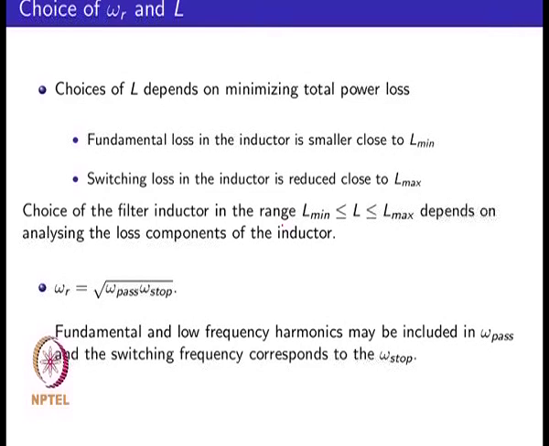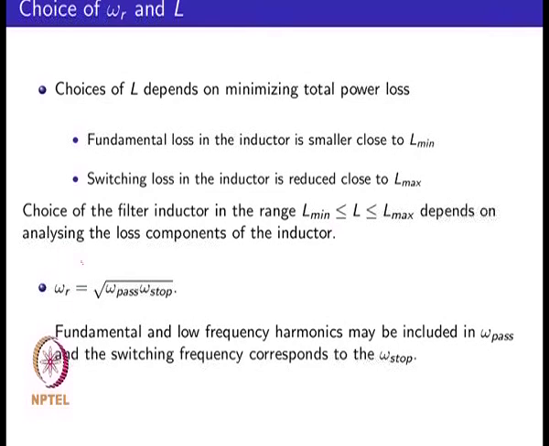So then you look at the overall picture to actually see what point would correspond to the lower loss, and we will look at this issue in the subsequent slides to actually determine optimum value of your inductance between the L min and L max range, depending on analyzing the loss components within the filter inductor.